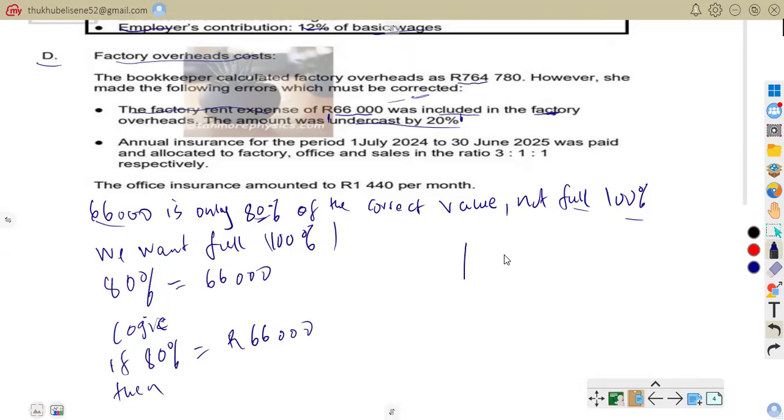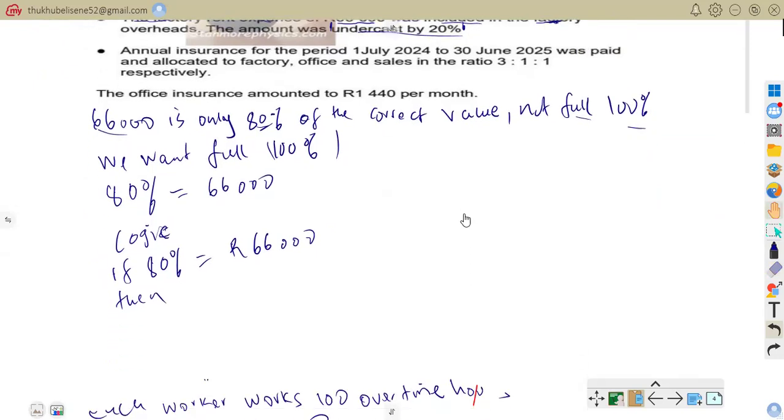Then 100% is equal to a question mark. That is very important.